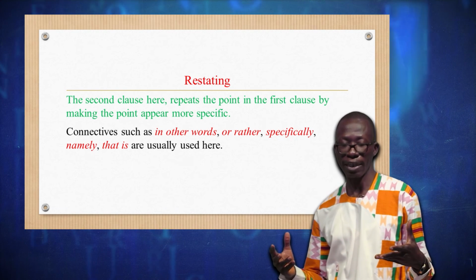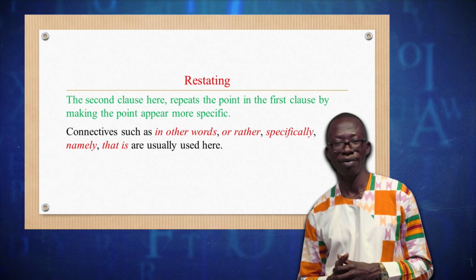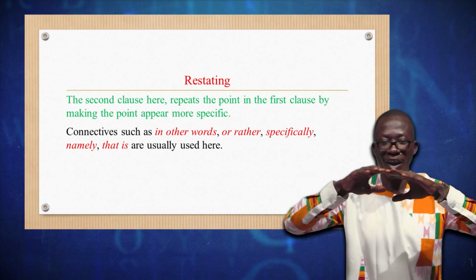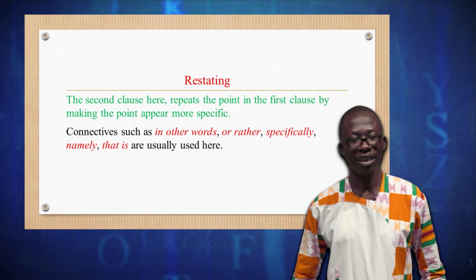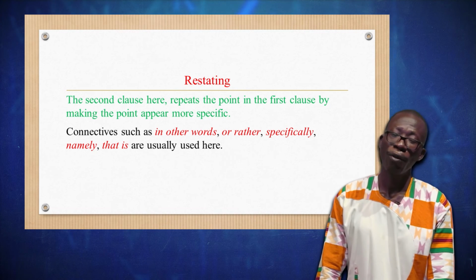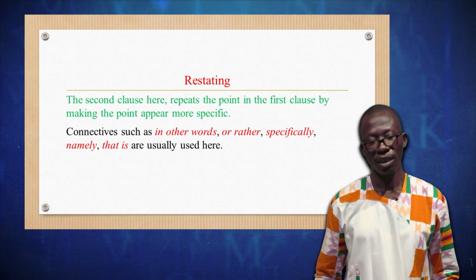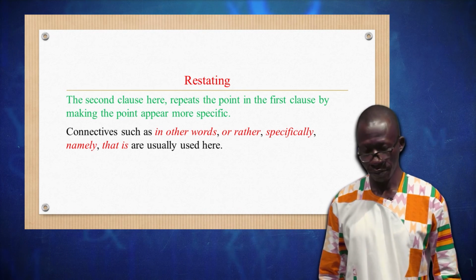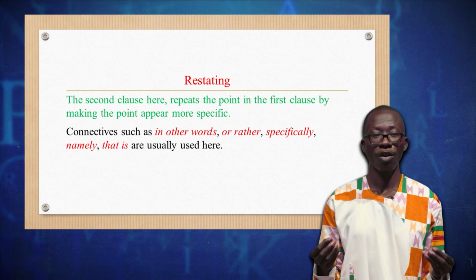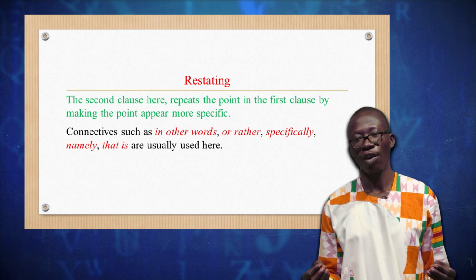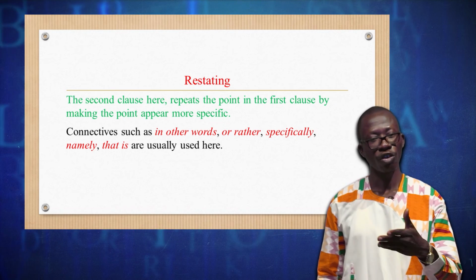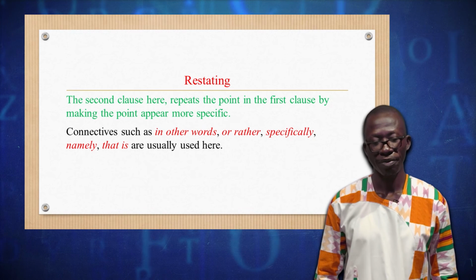Now, we've realized so far in our discussions that we have several ways of connecting our clauses in our sentences, in our write-ups. When you want to establish equivalency, when you are giving equal importance to the message in your clauses, you use coordination, coordinators.